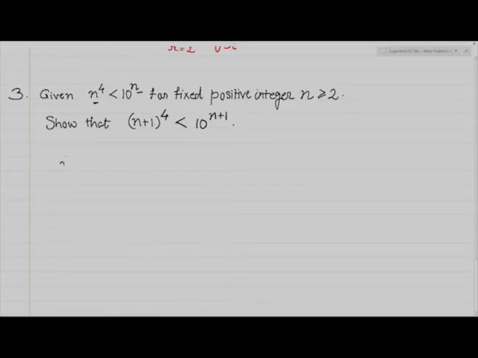I have been given n raised to 4 is less than 10 raised to n. Okay. So if I want to convert this using the equivalence relation that we know from these terms and logarithm, log to some base of n raised to 4 will be less than log to some base of 10 raised to n.